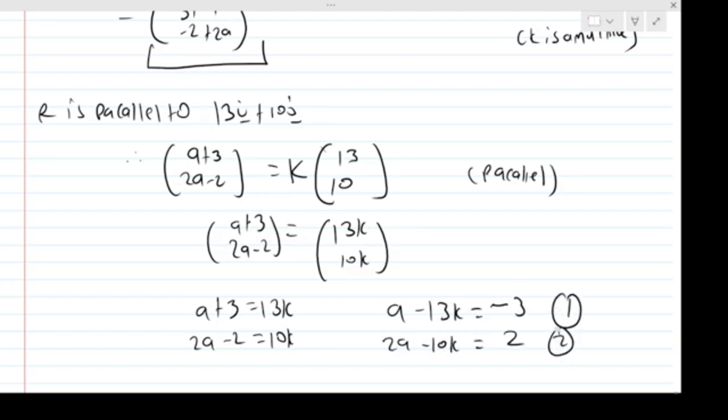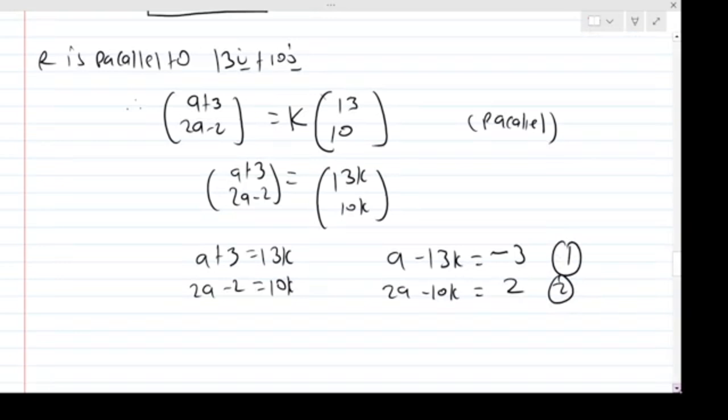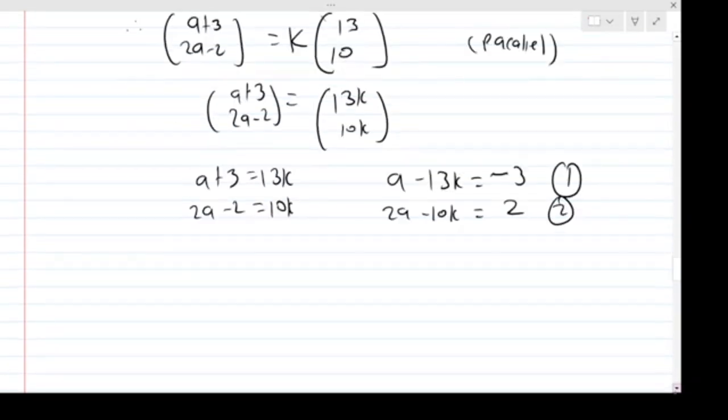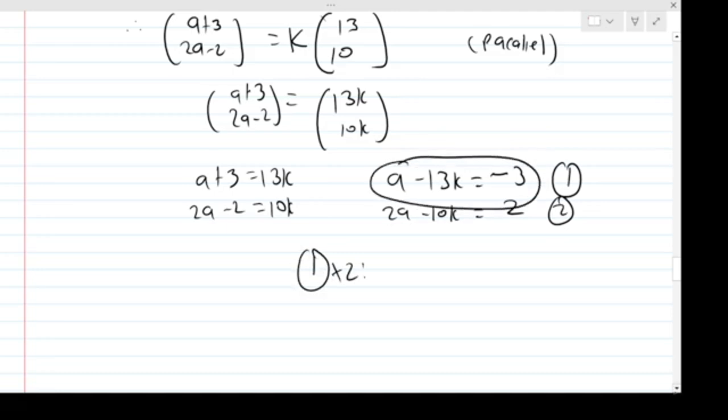I get these two equations. They're simultaneous. So what I can do here is eliminate. I spot if I double the first equation, the first one times 2, I'd get 2a minus 26k equals minus 6.